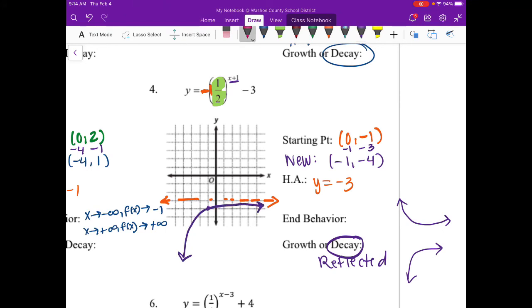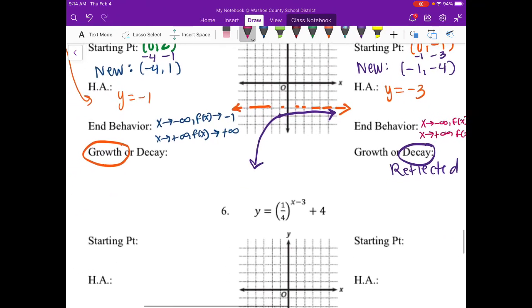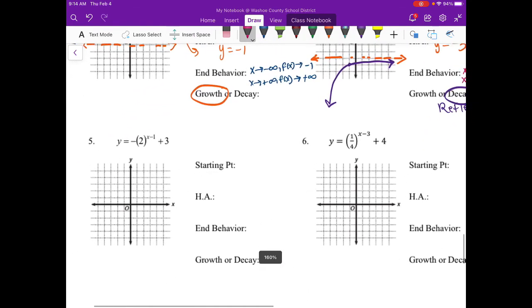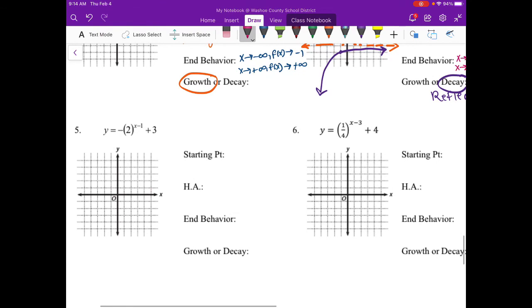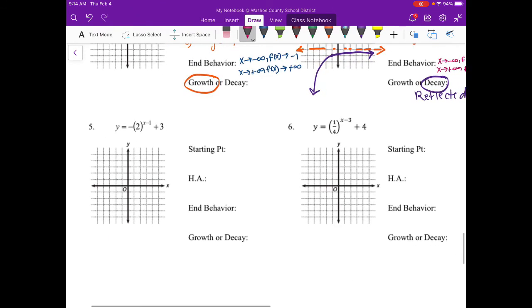So for my end behavior, as x goes to -infinity, f of x is going down to -infinity. But as I look to the right side of my graph, I am approaching my horizontal asymptote of -3. All right. So with that, just being careful with the negatives, pause one more time, and then I will show you the answers for 5 and 6.